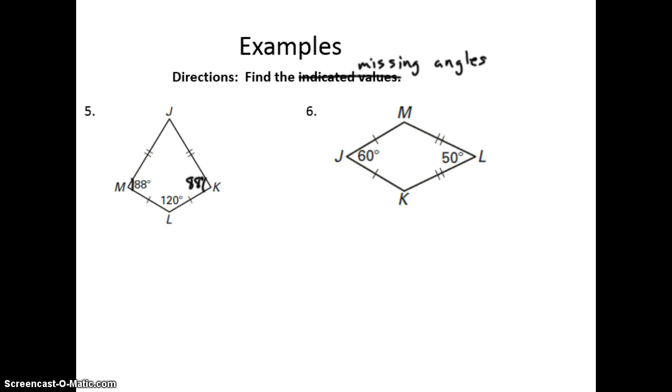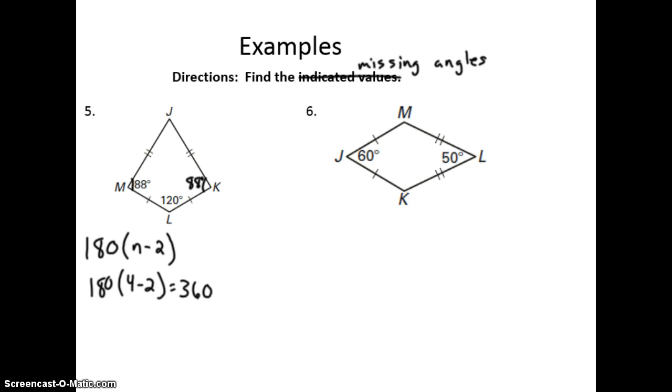And then a kite is a four-sided figure, and so all of these have to add up to 360. And if you forget that, remember we can do 180 times n minus 2 to get 360.